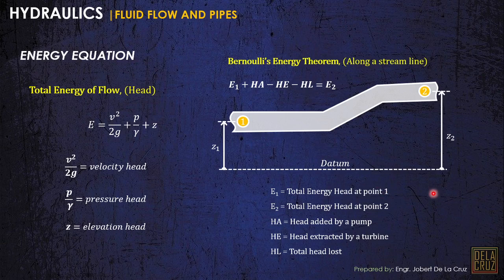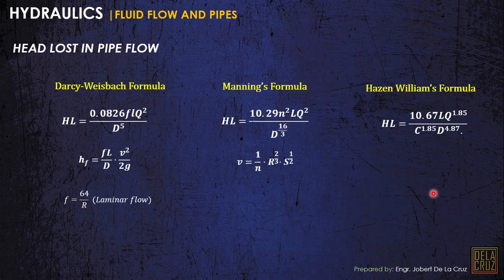All right, so we also have to know these formulas. Because sometimes Bernoulli's equation problems will involve head loss, and if we need to calculate head loss given these parameters, then ito yung mga formulas natin for Darcy, Manning's, and Hazen-Williams.